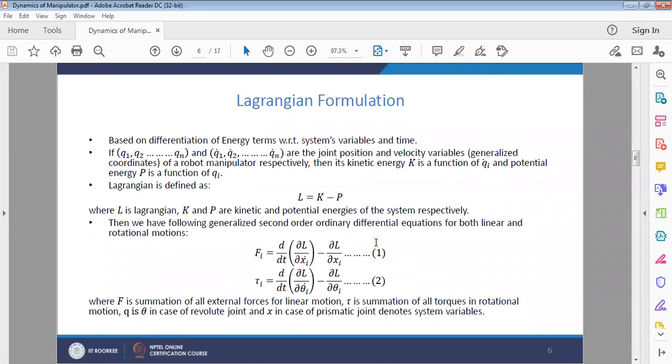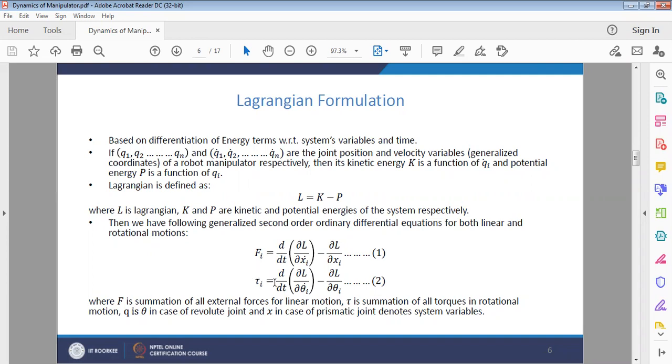So we need to develop second-order ordinary differential equations for both linear and rotational motion. For linear motion, the equation is used for calculating the force exerted on the joints, and torque is used for the rotational motion, exerted at the rotary joints.